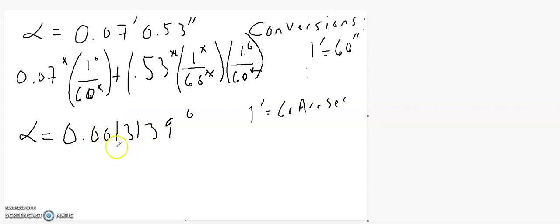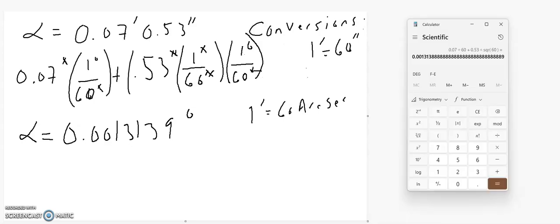And when I did this, this is what you get if you round it. Let me just show you that real quick using the calculator. You can see it's 0.07 divided by 60 plus 0.53 divided by 60 squared, right? And so this is what you get unrounded, but I rounded it.